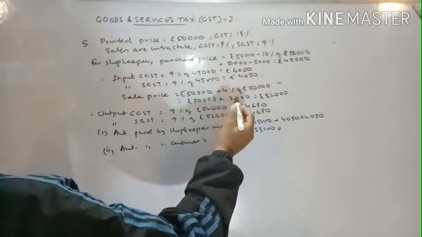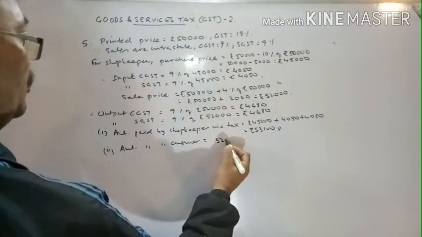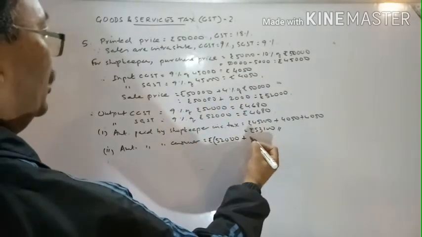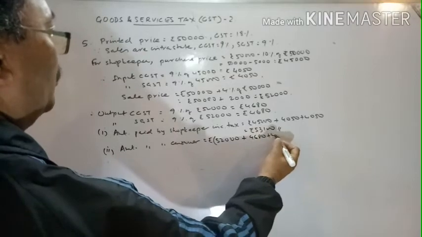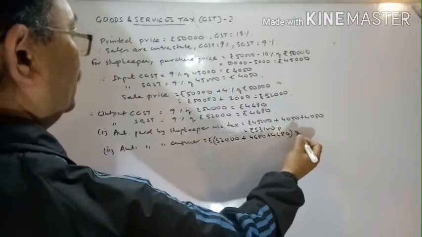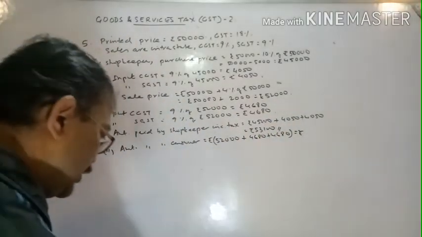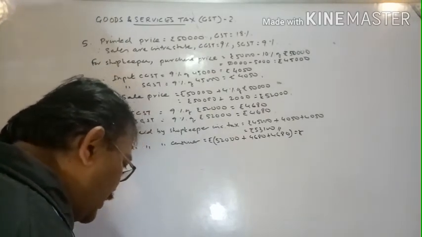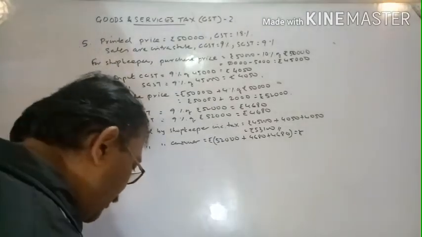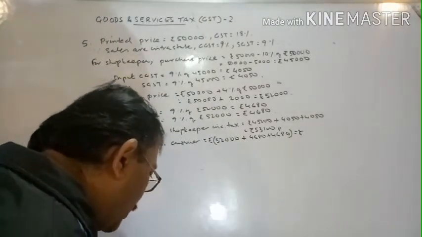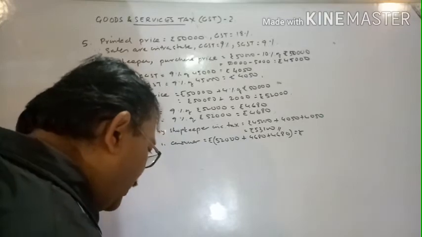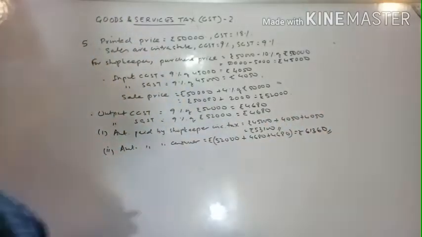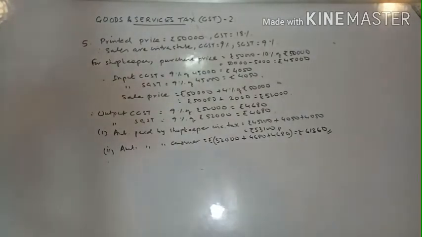The sale price was 52,000, so you will pay 52,000 plus tax. So 4680 plus 4680. You calculate 4680 into 2 because it's double, plus 52,000. So this is 61,360. So this is the price paid by the consumer.